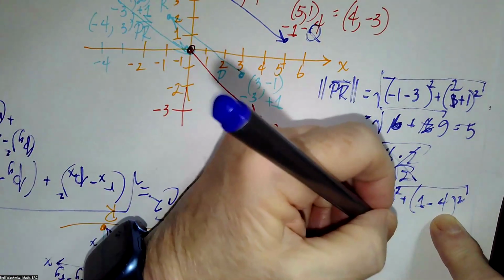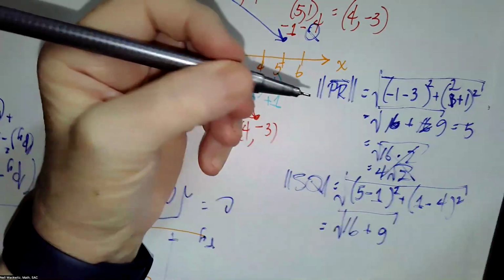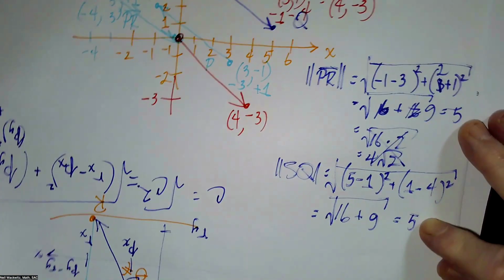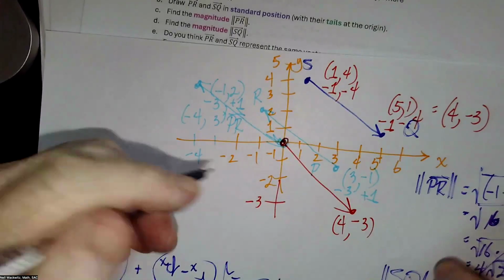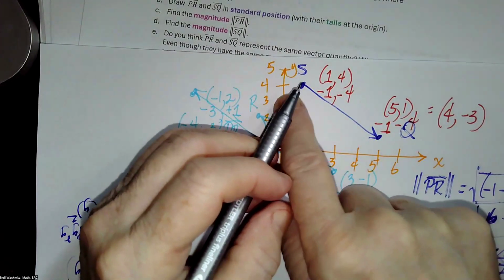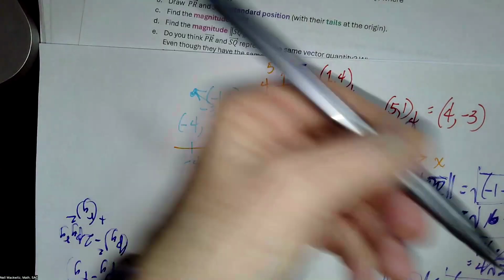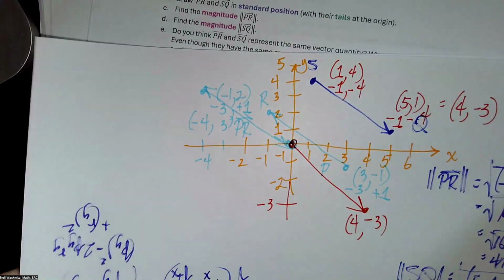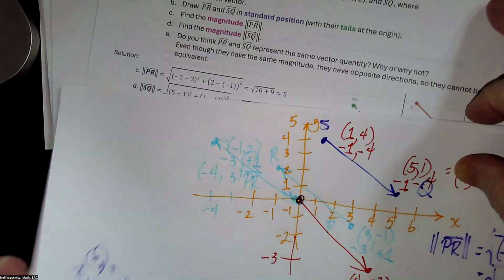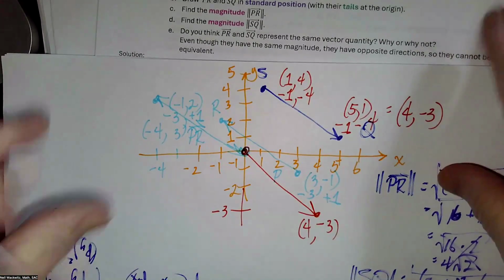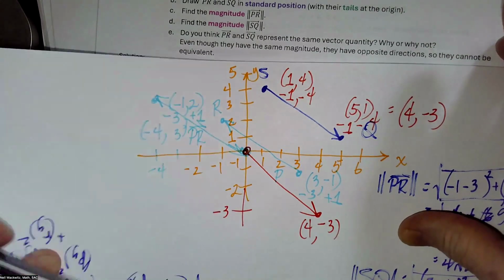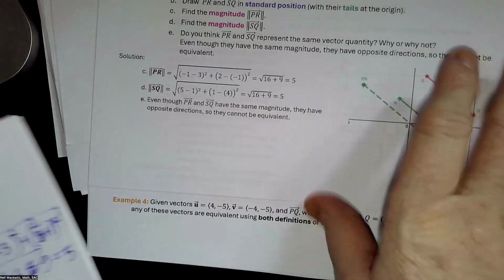Negative 3 squared is 9. 16 plus 9 is 25. Square root of 25 is 5. So they have the same magnitude, but I can see that SQ is going exactly the opposite direction to PR. So they cannot be the same.